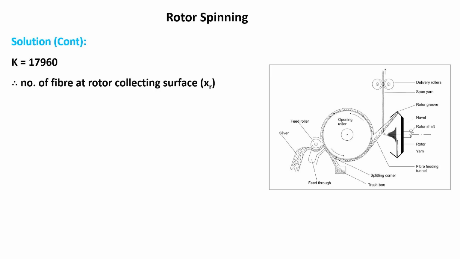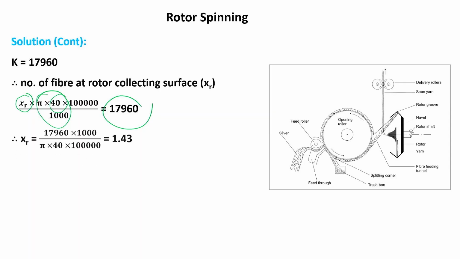The number of fibers in the rotor collecting surface is X_R, where X_R is the number of fibers in the rotor collecting surface, and we can calculate it as 1.43.